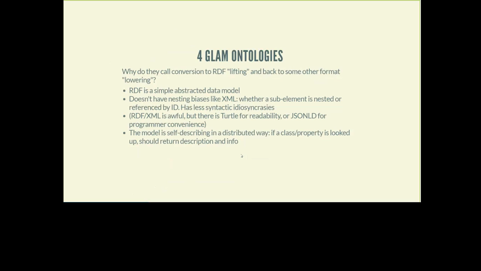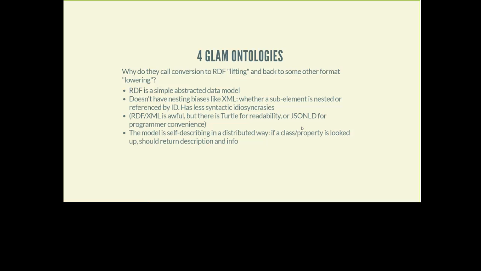Well, RDF is a graph data model, and even though there are many different syntax renditions of that model, actually RDF/XML is probably the worst of them, even though it's the first one and the standardized one. But there's Turtle for readability, there's JSON-LD for easy consumability by programs, but really what it represents is a graph, and you can query that graph, navigate it, and so on. So it doesn't force you into putting your information into hierarchical form like XML does.